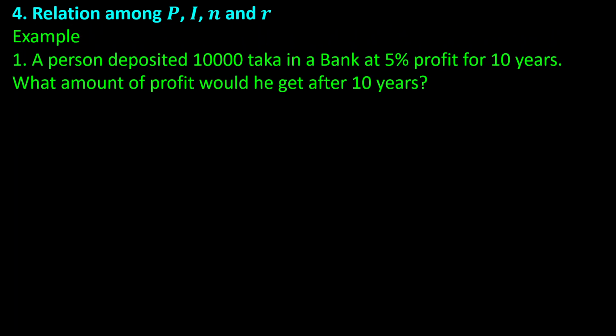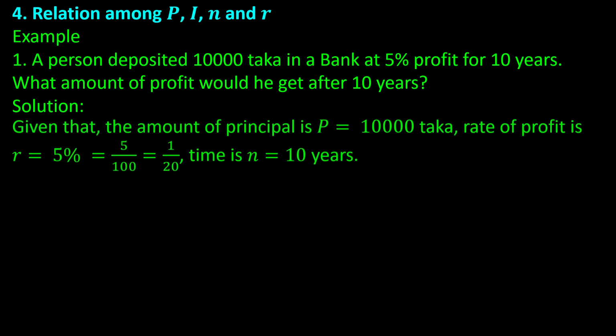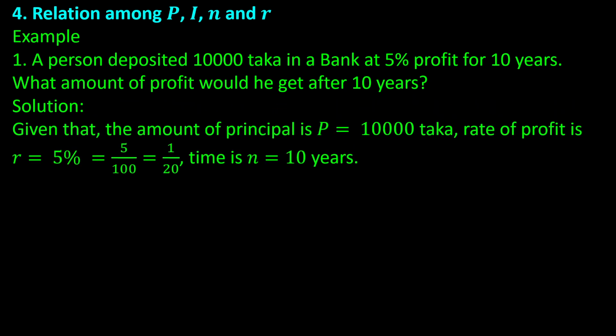Here are some examples. In the first example we get, a person deposited 10,000 taka in a bank at 5% profit for 10 years. What amount of profit would he get after 10 years? From the question we get, the principal P is 10,000 taka since he deposited 10,000 taka in the bank.